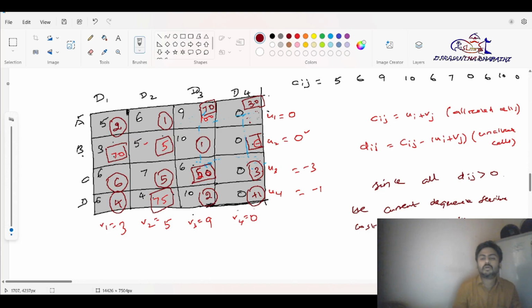So the total transportation cost is also optimum, and not only optimum but unique.